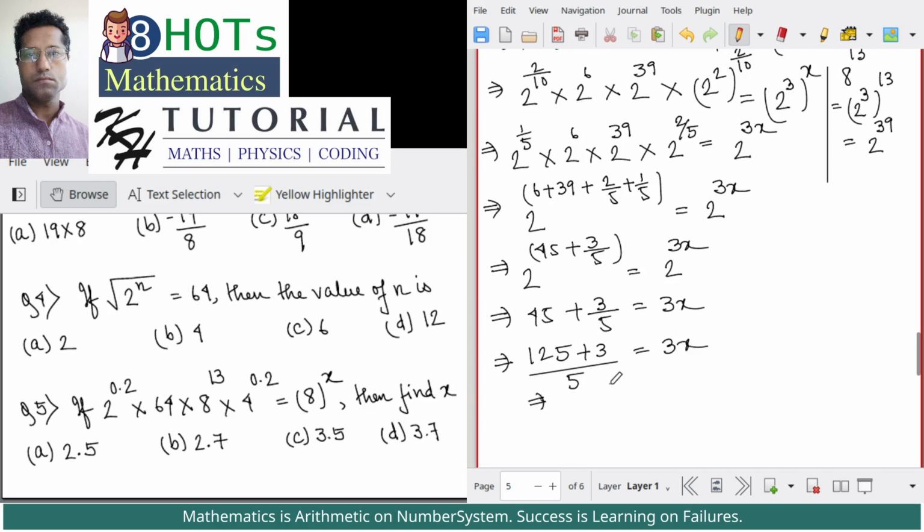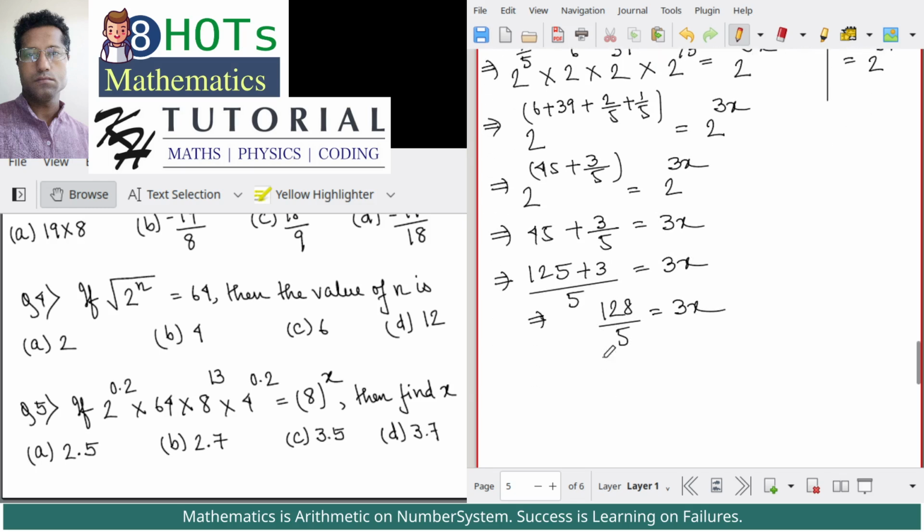Simplifying further, on the LHS we have 228 divided by 5 is equal to 3x. So this implies x will be 228 divided by 5 multiplied by 3. The choices are also all decimal numbers.